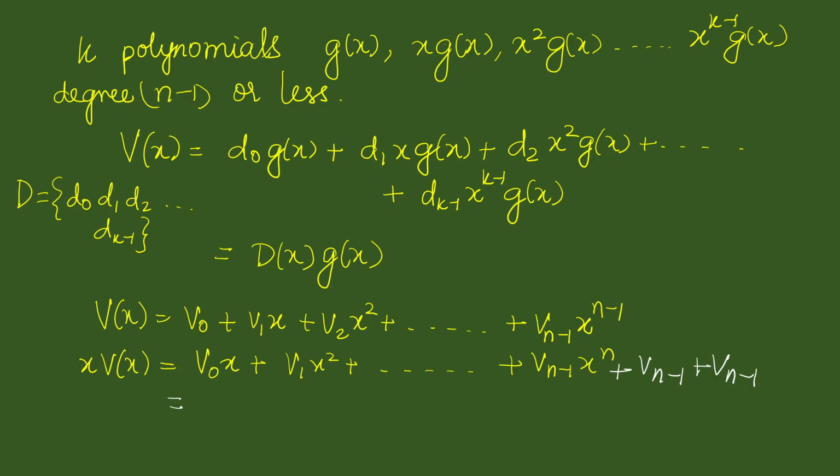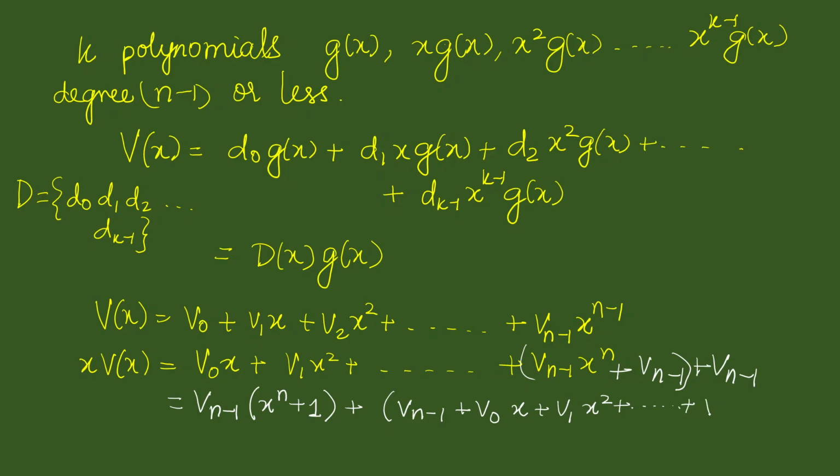So this looks like that. Now combining these two parts, taking out v of n minus 1 in common, I am left with x raised to n plus 1 plus, so observe over here, v of n minus 1 plus v naught into x plus v1 into x square plus so on.